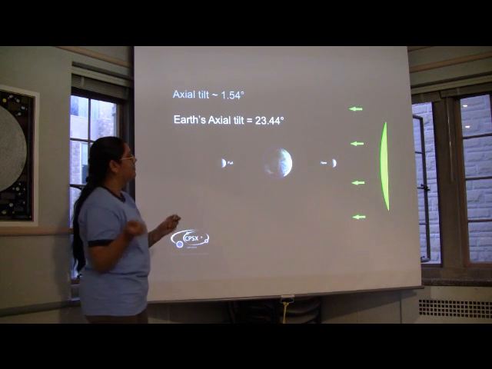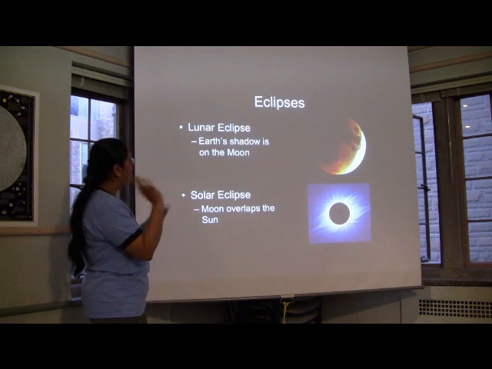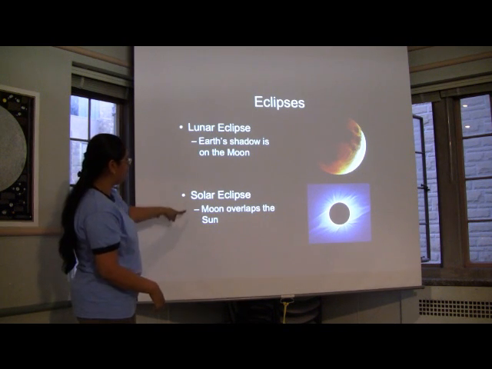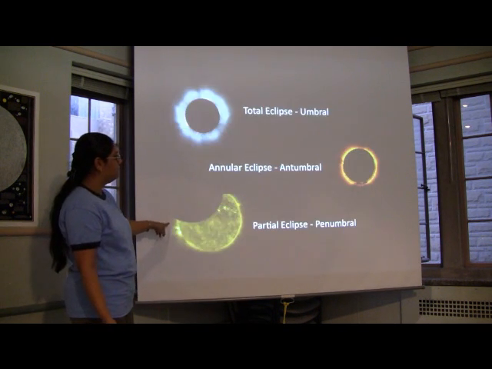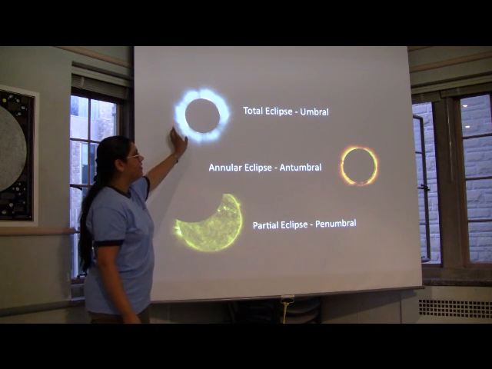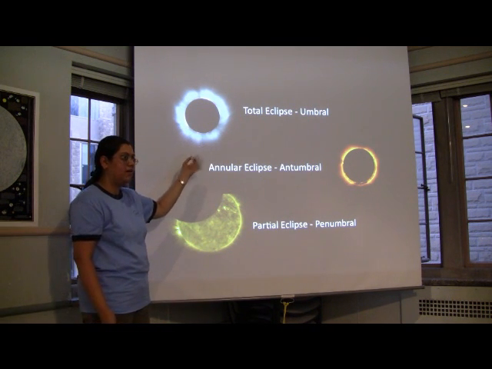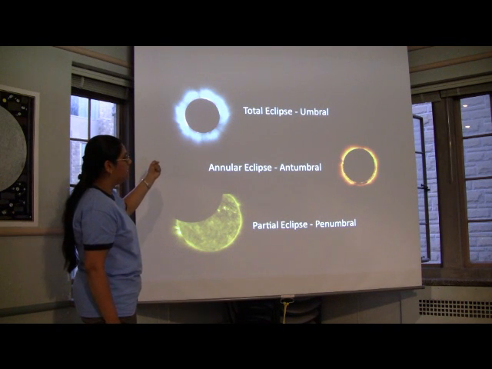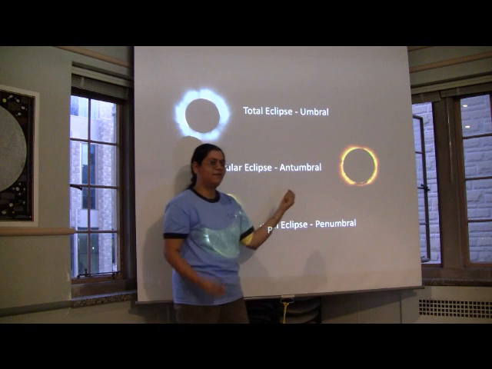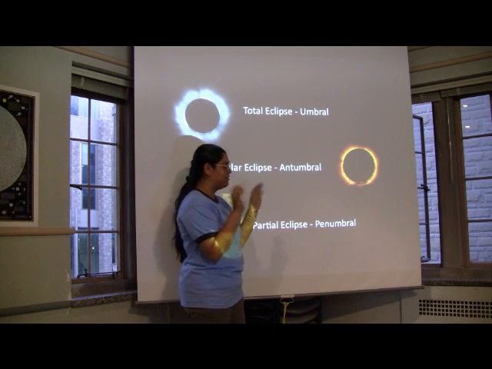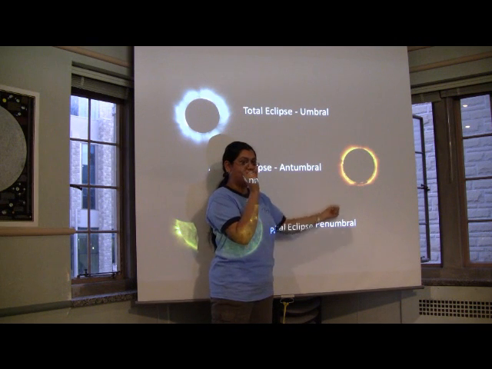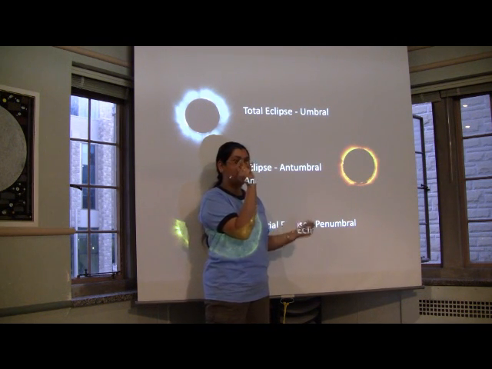The next slide will show you about eclipses. Okay, we went through this: lunar eclipse and solar eclipse. In the case where it completely blocks it, that's called a total eclipse. An annular eclipse is where, like I mentioned about the distance and how just right the moon might cover it, the moon's slightly closer to us, and therefore it's not covering all of the sun.